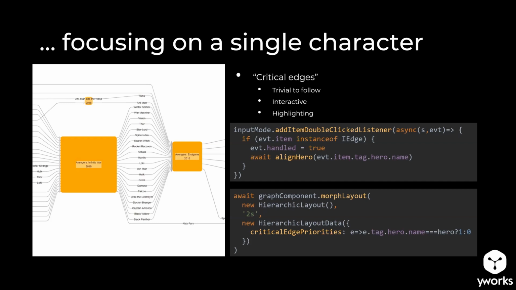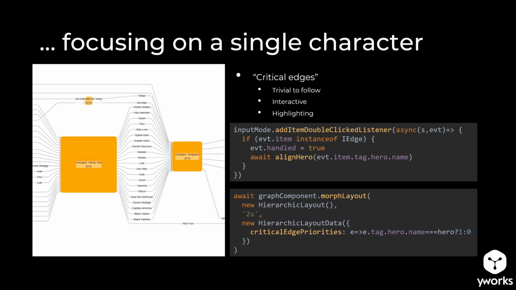We're using the additional layout data where we can define priorities of edges. And in this case, we just take all the edges which match the given hero name and give it a weight criticality value of 1, and all others have the value of 0.